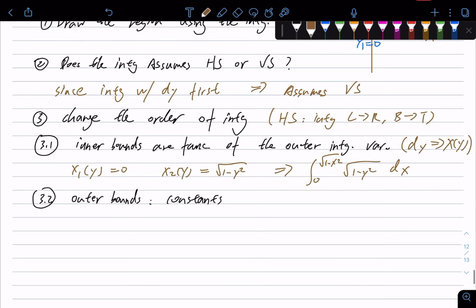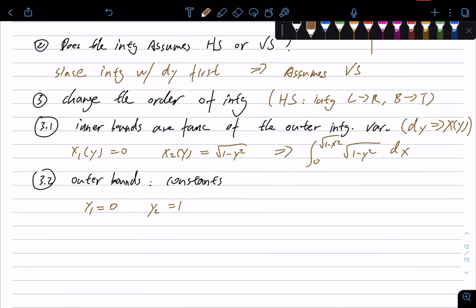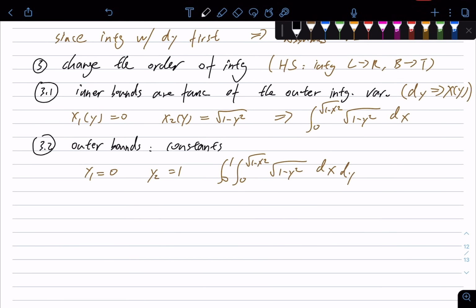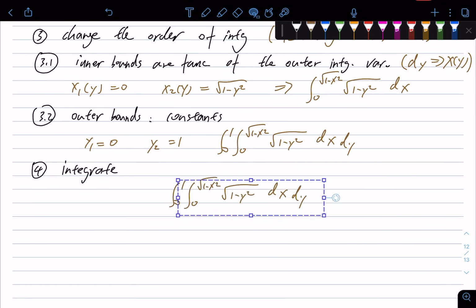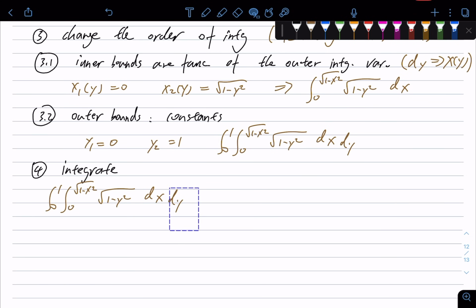So now we can go ahead and formulate the final integral: 0 to 1, and I'm just going to copy this down here, and then dy. The final step to solve this integral problem is just to integrate. I'm going to speed through this integration process for you, because at this point you are familiar with it and should be pretty fast at computing these integrals.